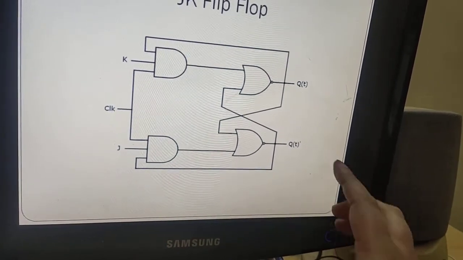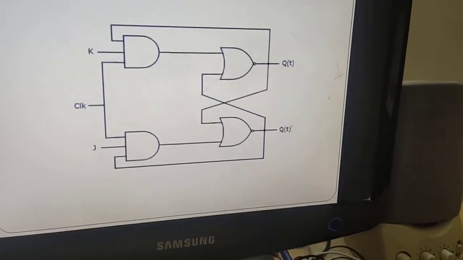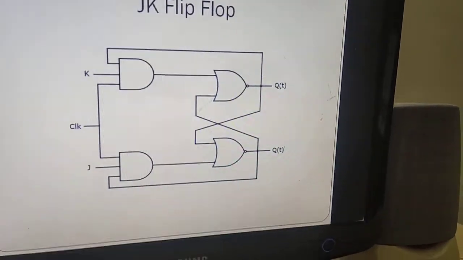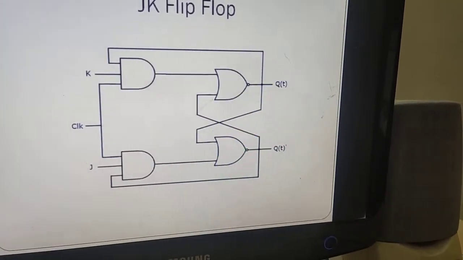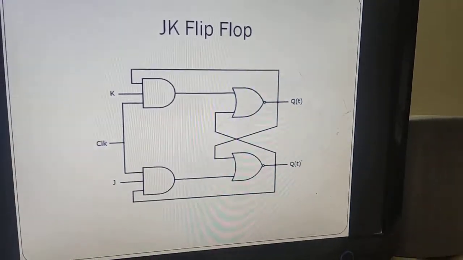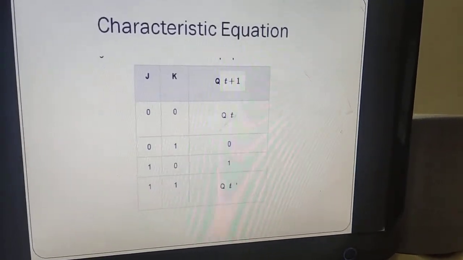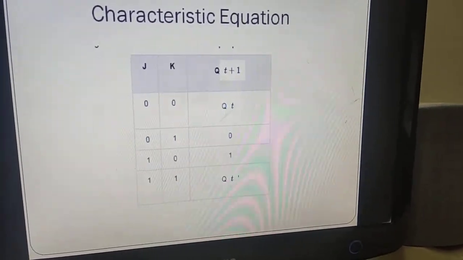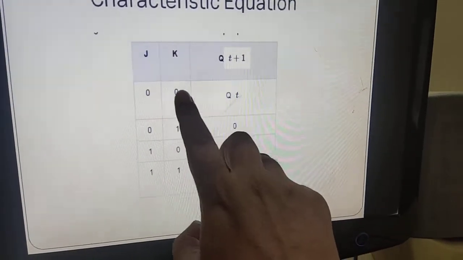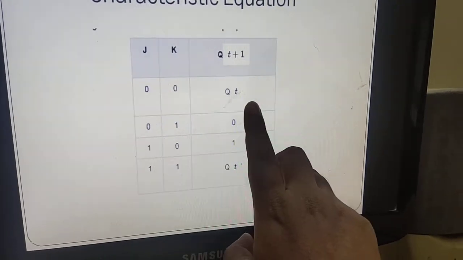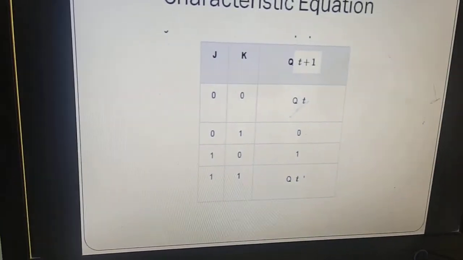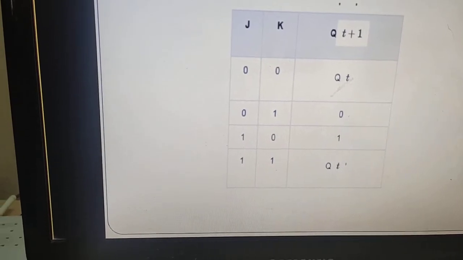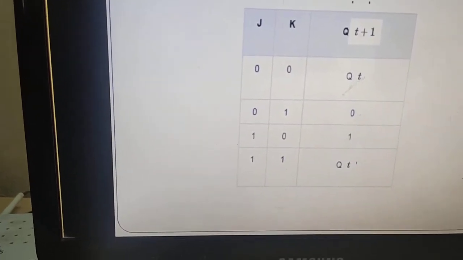Again, this means that when J is equal to 0, K is equal to 0, there is no change in your output values. That is, Q(t+1) is equal to Q(t).